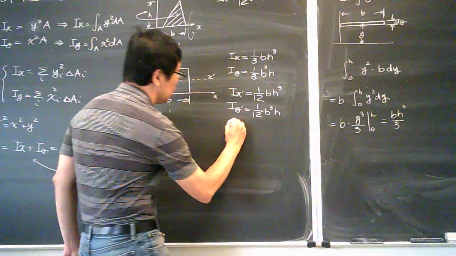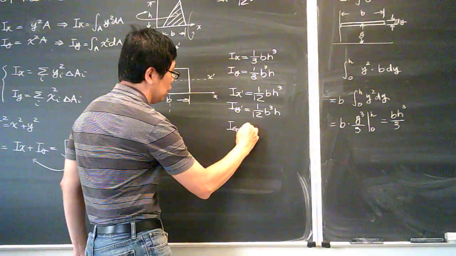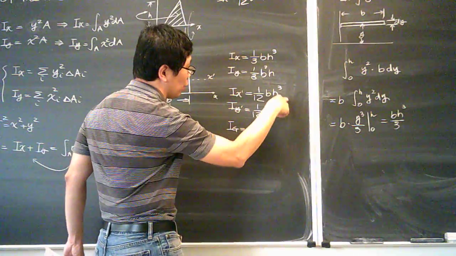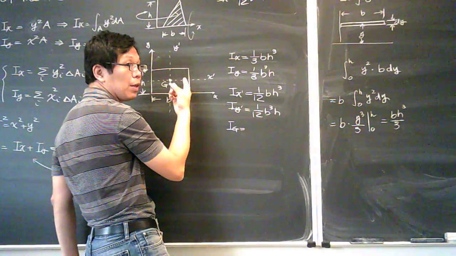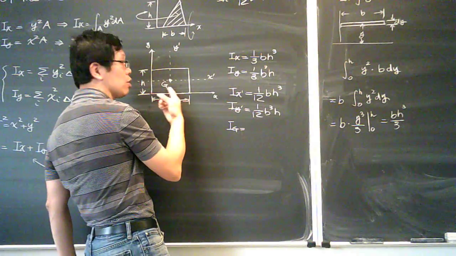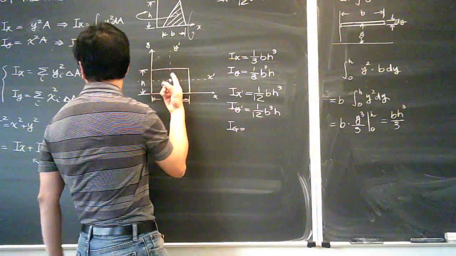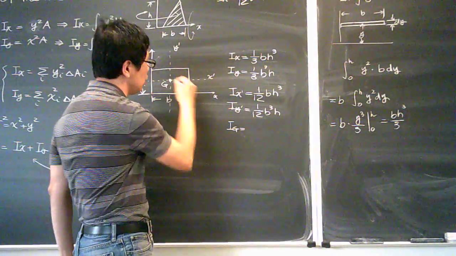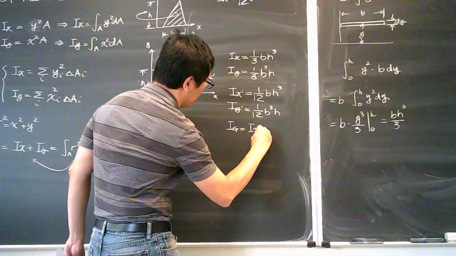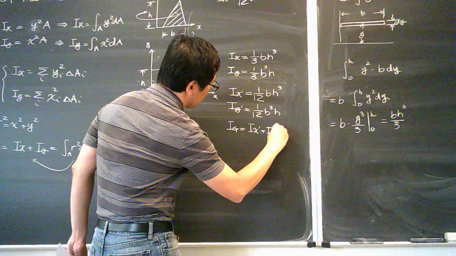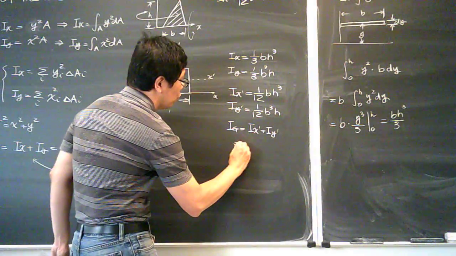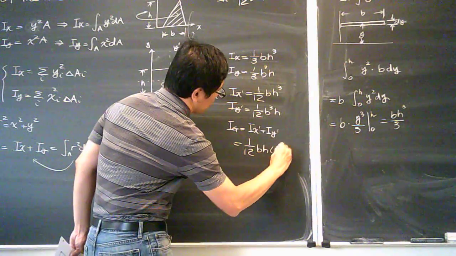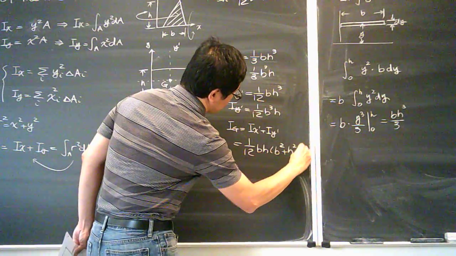What it means is Ig equals this one, which means I need to combine this one and this one together because I try to find the moment of inertia rotated about its gravity center, which is G. So in that case, it should be Ix prime plus Iy prime, which is 1/12 b h cubed plus b h times d squared plus h squared.